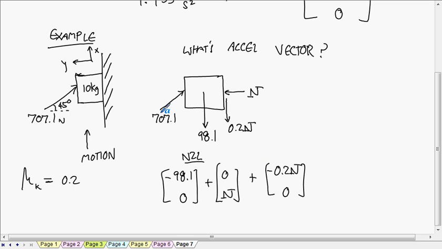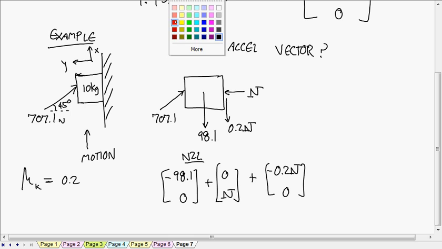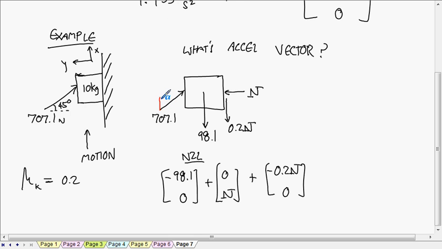And then the last one, you could figure this out by putting the origin of the coordinate system at the tail of the vector, finding this angle, it's 315.